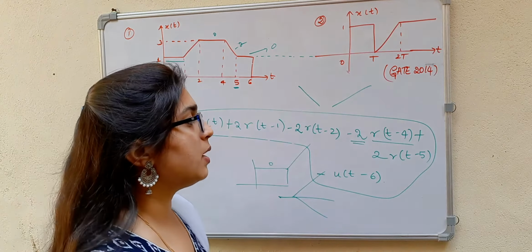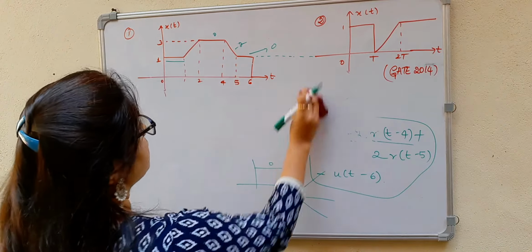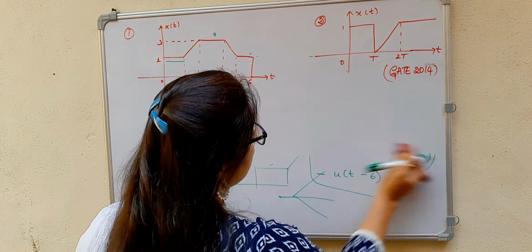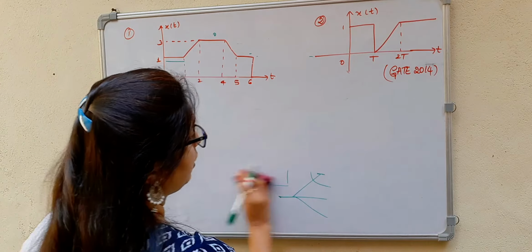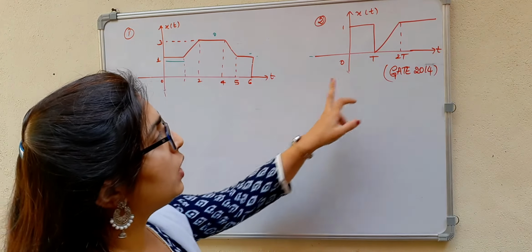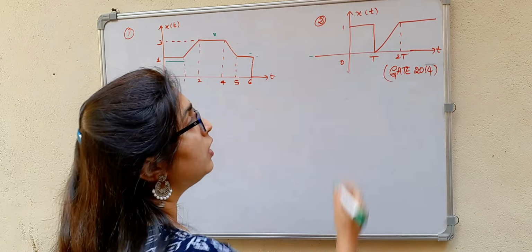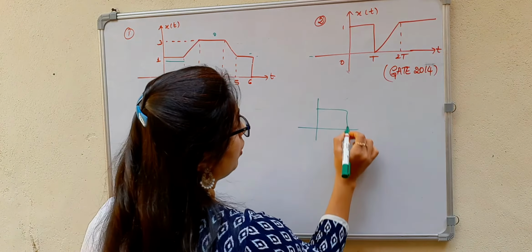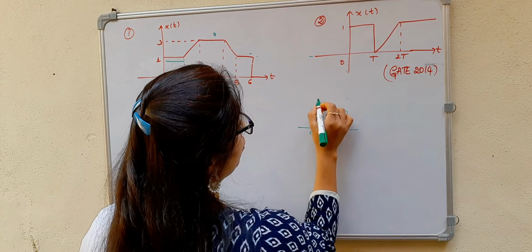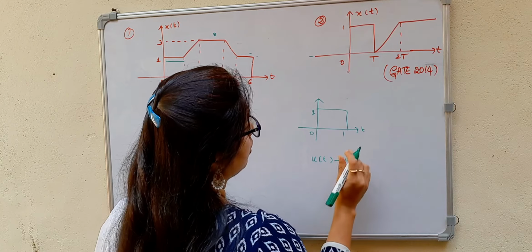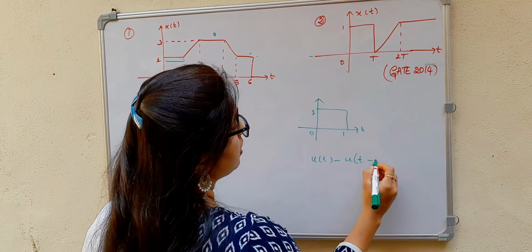Okay, let us solve the second problem. See, the second problem was asked in GATE 2014. So here from 0 to t, that is the period 0 to t, you are having the unit step function. If you had 0 to 1, you could write this as u of t minus u of t minus 1.